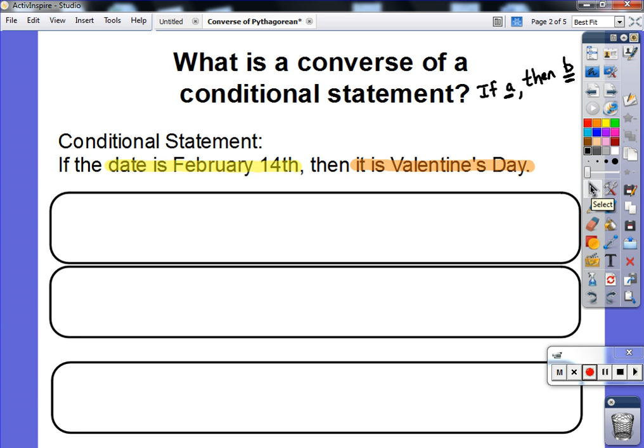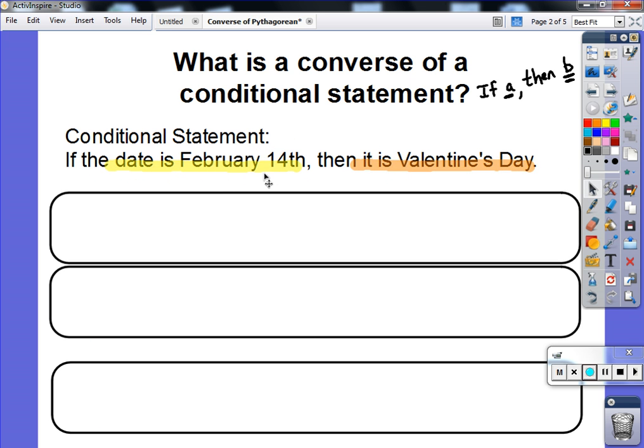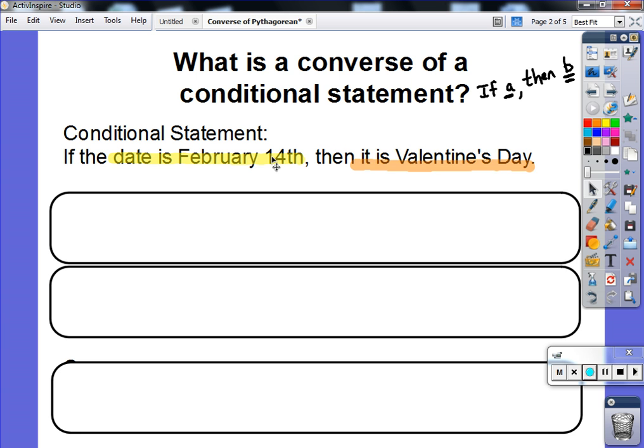The converse of this statement is just going to take the parts that I just highlighted and flip-flop them. So a converse is simply going to take these two parts and flip them around.